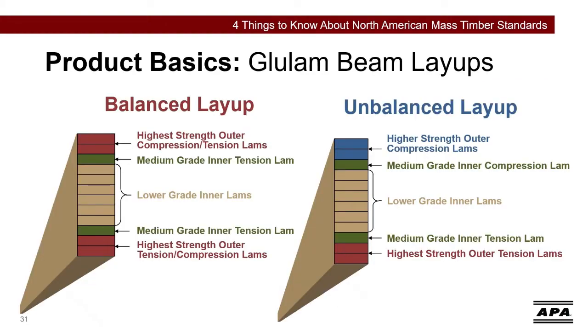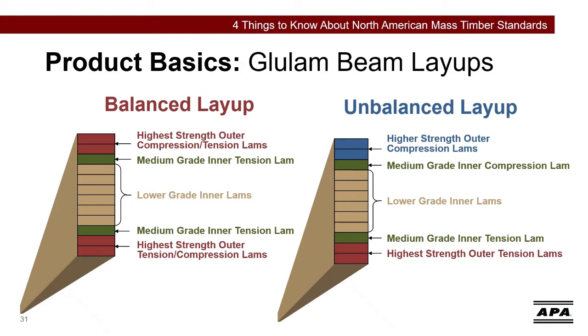Glulam beams do not have the same strength properties throughout the depth of the member. Manufacturers place the best material where it is needed most to get the most strength out of the beam. Economics plays a part in the construction of the beam. If we consider a balanced layup, the beam has equal capacity in both positive and negative bending, and is primarily used in continuous beams or long cantilevers.